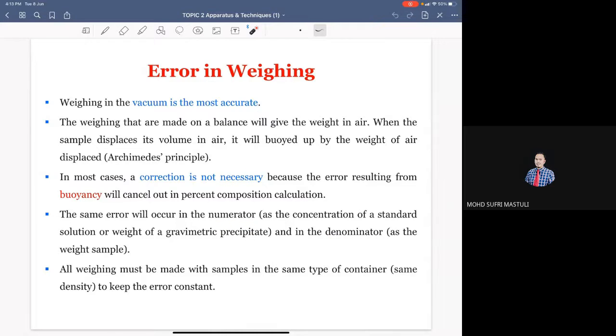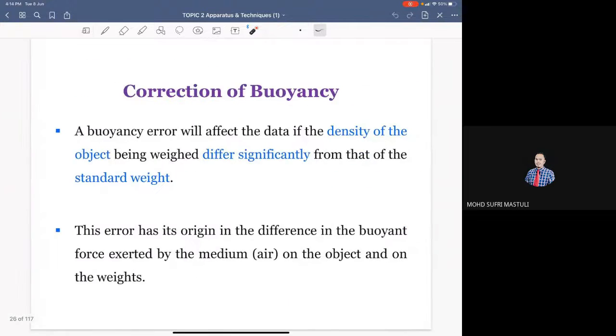Remember, all the weighing must be made with samples in the same type of container, meaning the same density, to keep the error constant. How to correct the buoyancy?